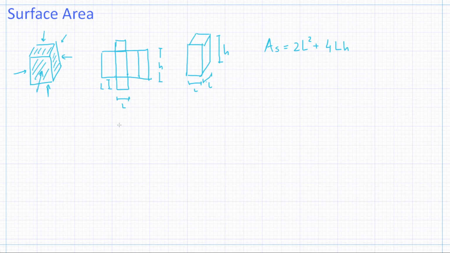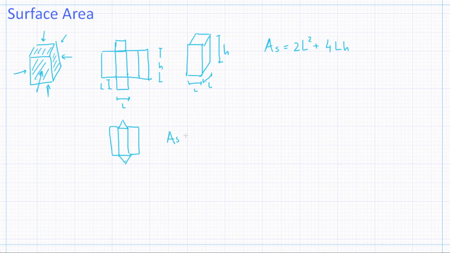If the shape was different, let's say, what if it's a triangle-based prism? Well, you'll have fewer rectangles and still two triangles.